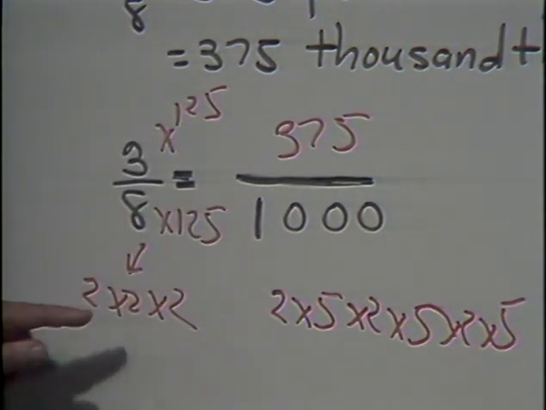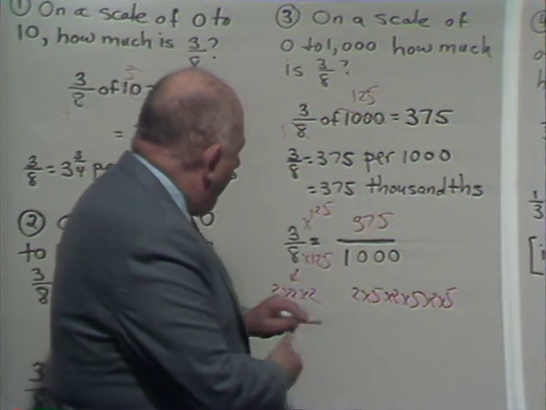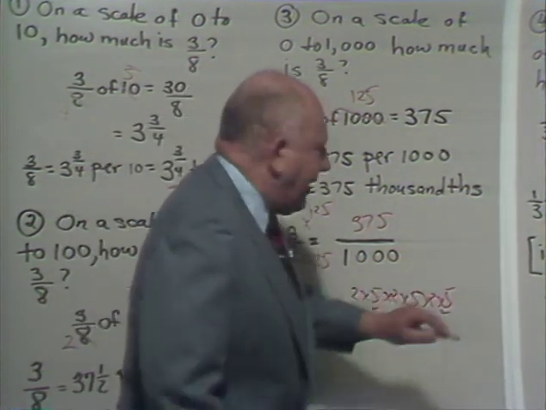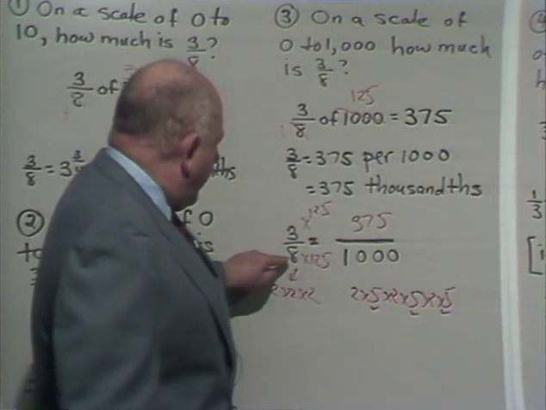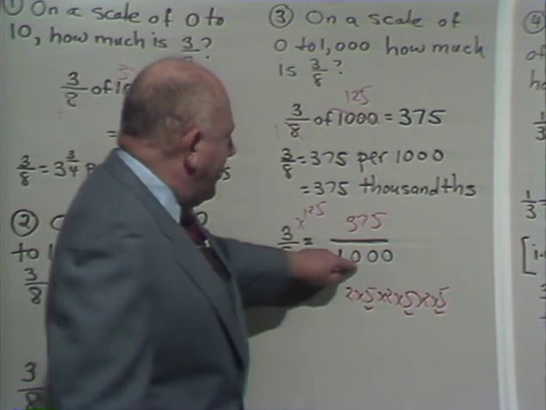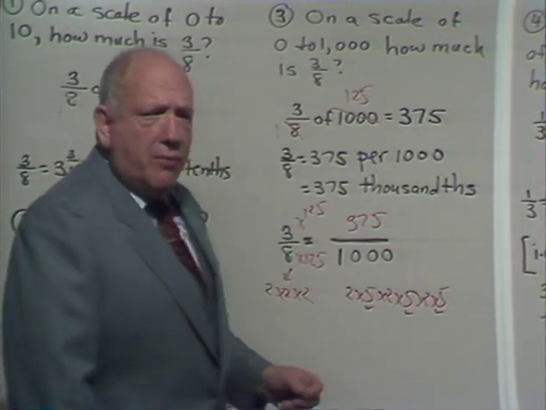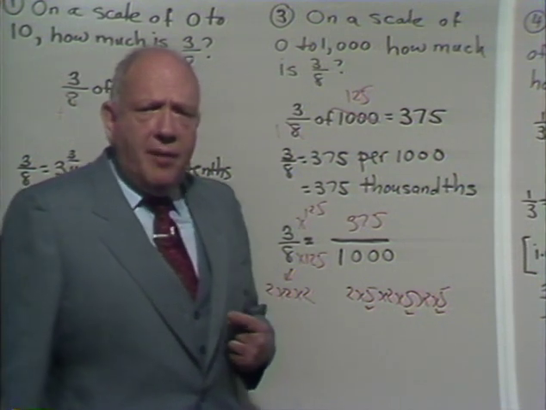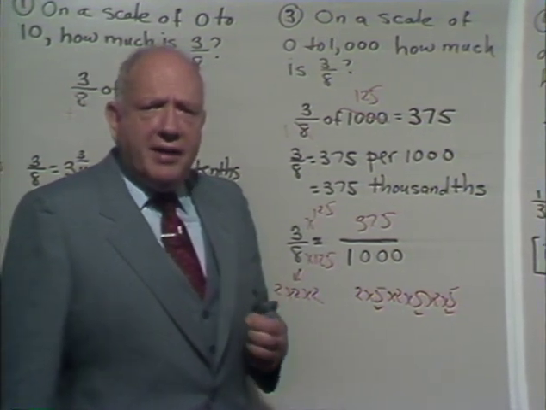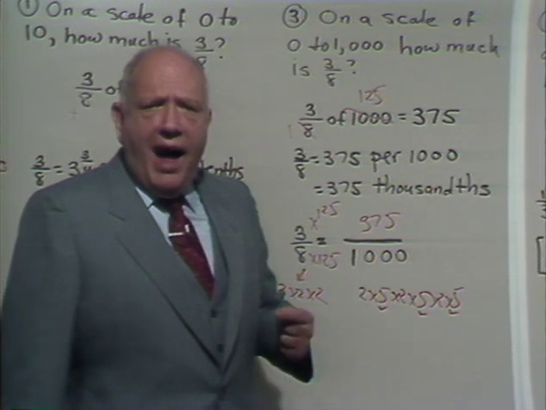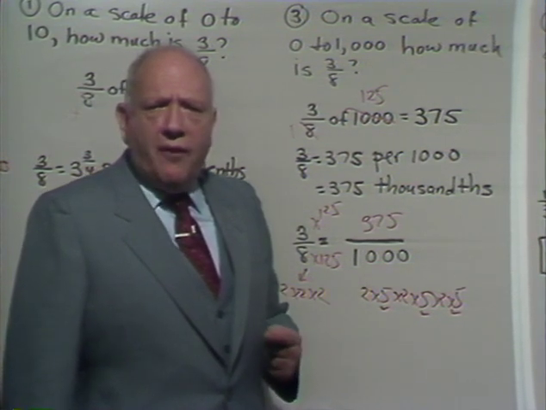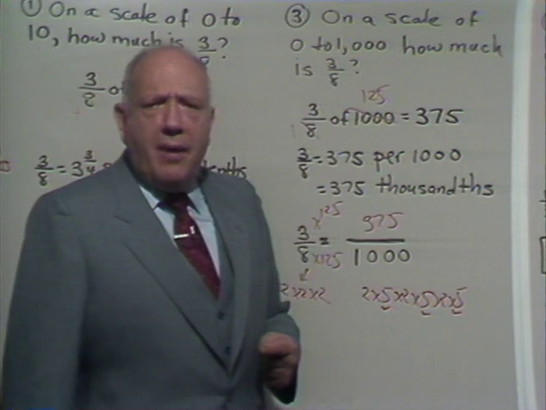And you see what happens over here, every time I multiply a 2 by a 5, I can build a power of 10. So when the denominator was 8, I could get to 1,000. But the problem is, if I have a denominator that has prime factors other than 2's or 5's, I'm going to be in a real mess whenever I talk about parts per power of 10.